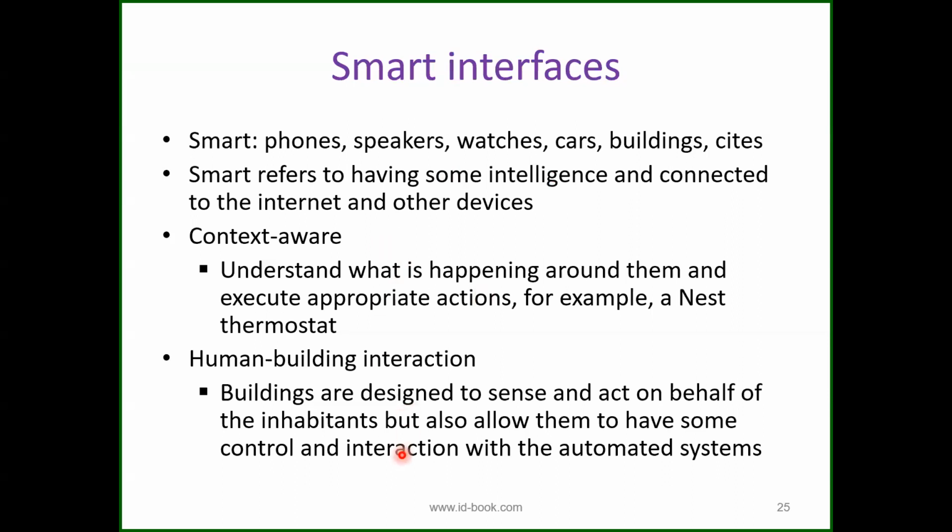Human building interactions, HBI: buildings are designed to sense and act on behalf of people staying inside them, and have some control and interaction with the automated systems. For example, a building can be designed in such a way that the AC switches off when there is no human being inside it.